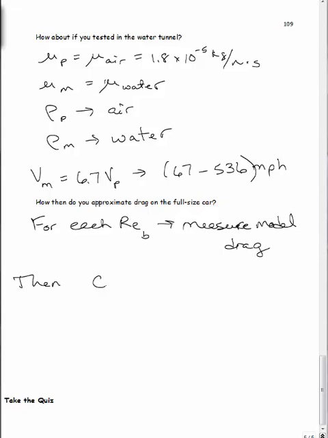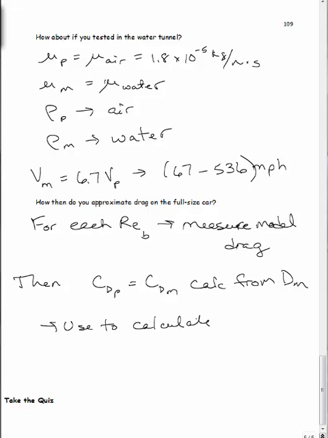Then CDP equals CDM. So you use that model drag to calculate CDM, calculated from DM, and then you can use that to calculate DP, which is what you're trying to find.